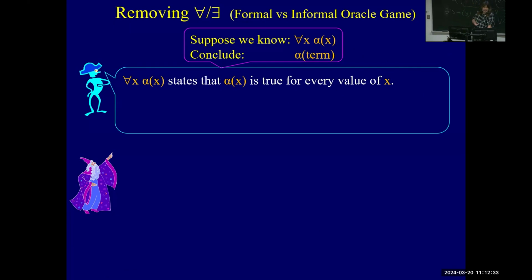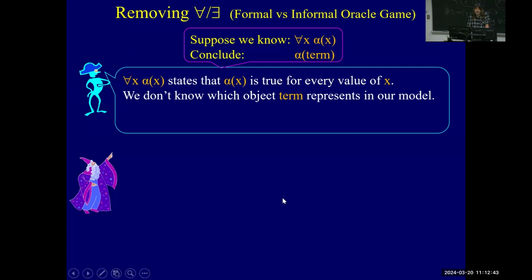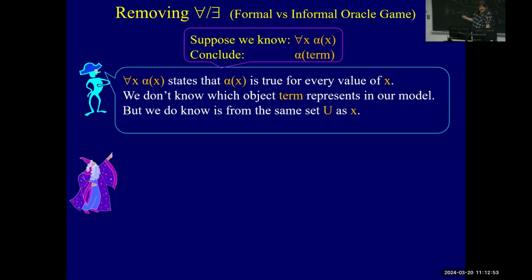So he's saying this is true, which means it's true for every X. I don't know what term represents, here's some weird object term. It represents some object. I don't know which object, but it doesn't matter because it's some object from our universe. Whichever object term represents, it's from our universe, and hence it's true for that object.